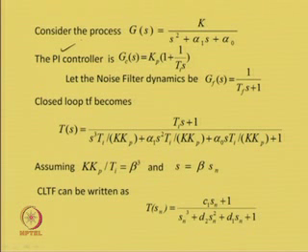Please keep in mind the type of PI controller we had considered earlier was G_c(s) = Kp + Ki/s, whereas we have considered a parallel PI controller of the form G_c(s) = Kp(1 + 1/(Ti s)).